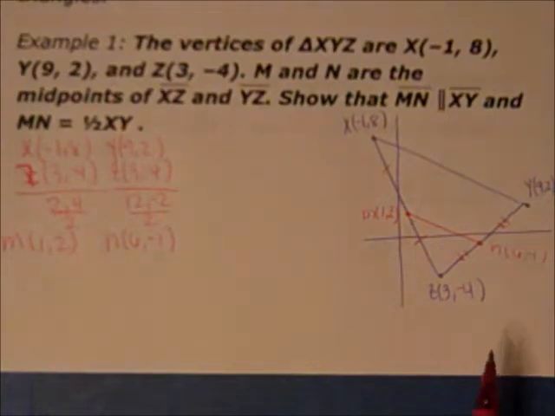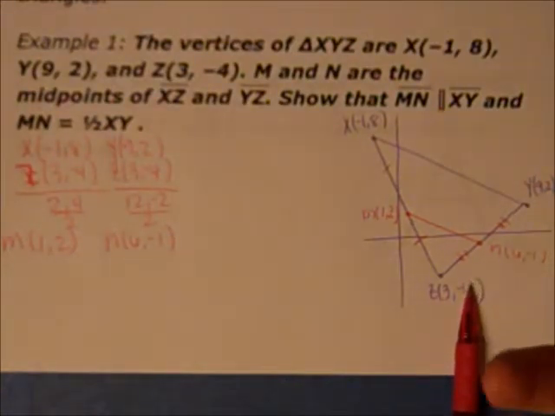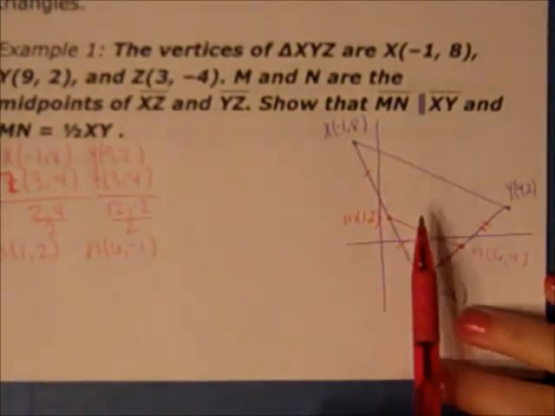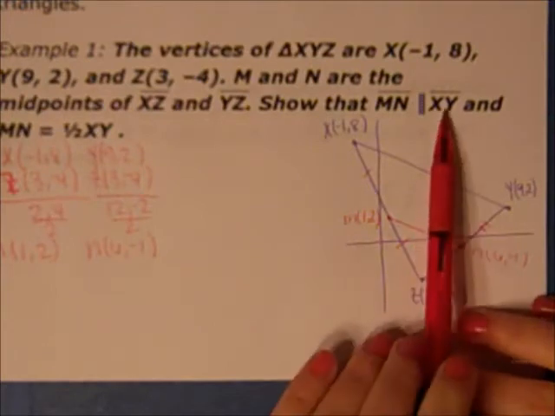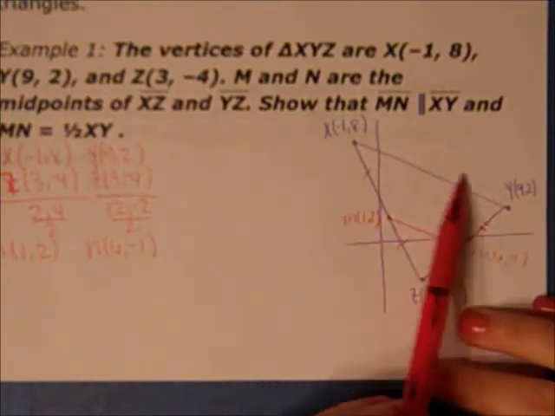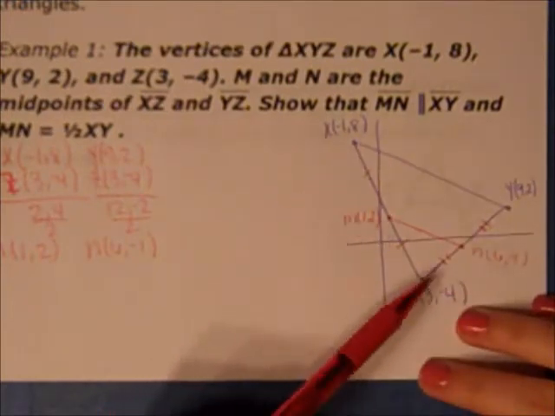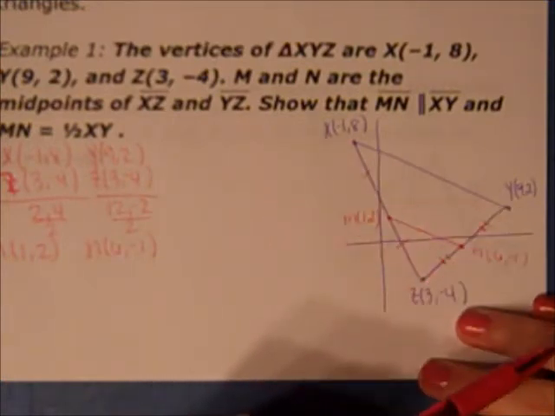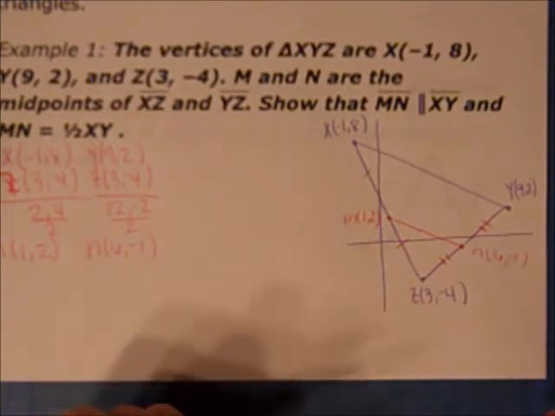So this is just drawing the diagram that we just had. Now we're going to prove special things about the midsegment. The first thing we're going to prove is that this midsegment MN should be parallel to the segment across from it. Not the one that you use to form the midpoints, but the one that has been untouched so far, XY in this case. So parallel means same slope.